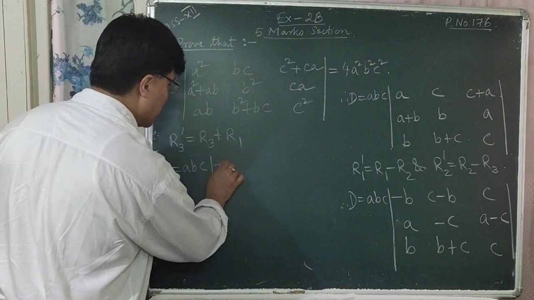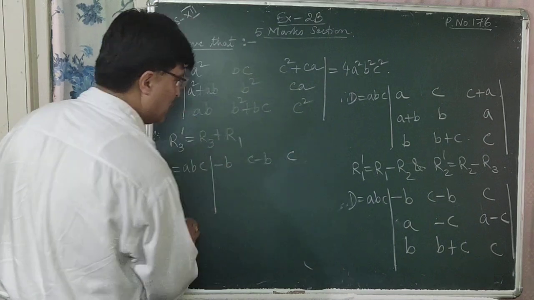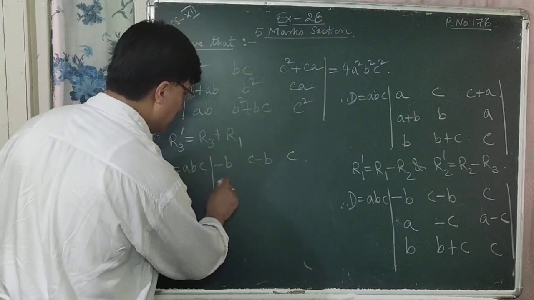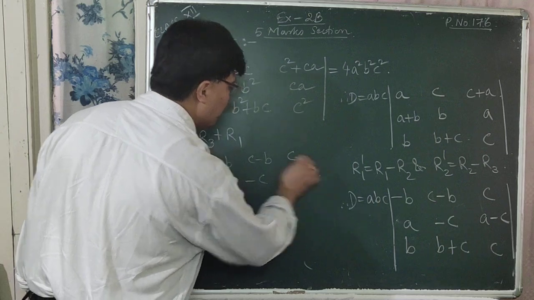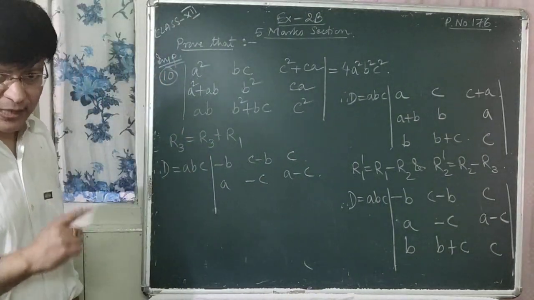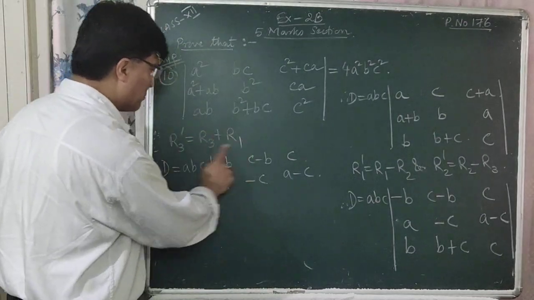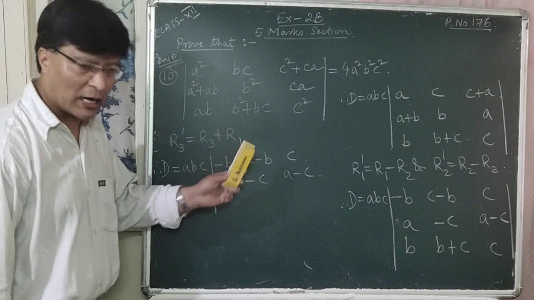First row remains same, minus B, C minus B, C, then A minus C. Next, what is R3 dash? R3 plus R1. We have written here the property as R3 dash is equal to R3 plus R1.